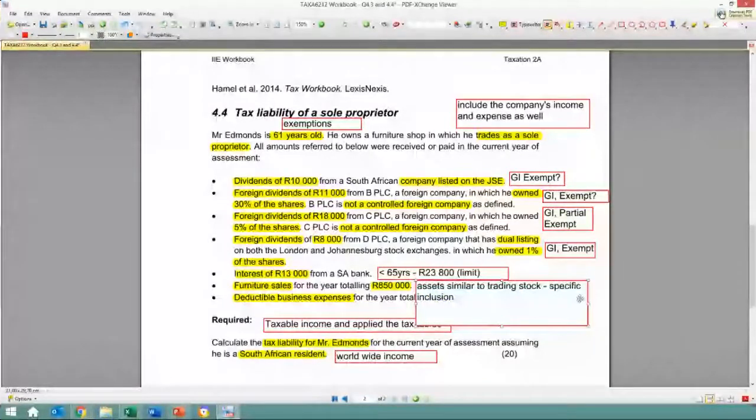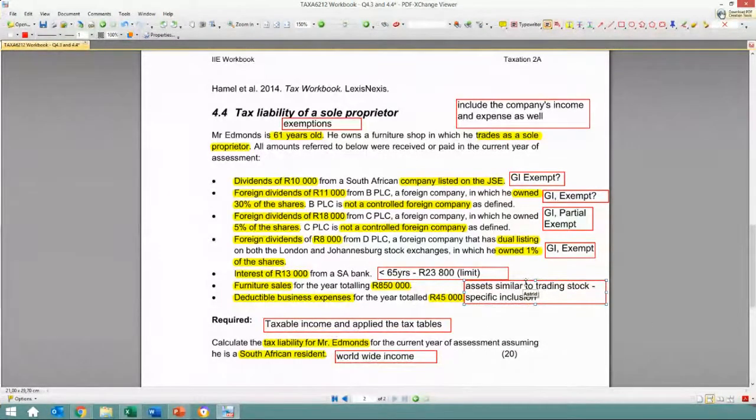Otherwise you would have thought it is capital in nature and you would have excluded it, but because it's similar to trading stock based on the nature of the business, we would specifically include it into gross income. And then the last one is your deductible business expenses of 45,000. Now, because we haven't done the expenses, they've just given you the total expense amount.